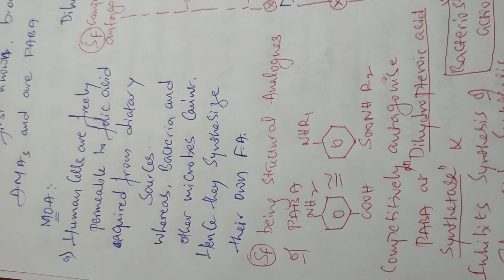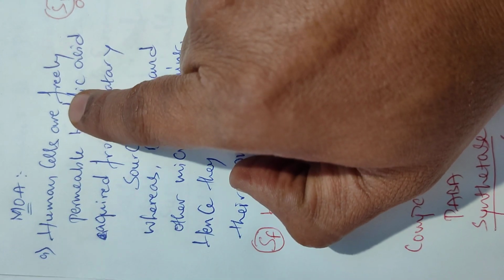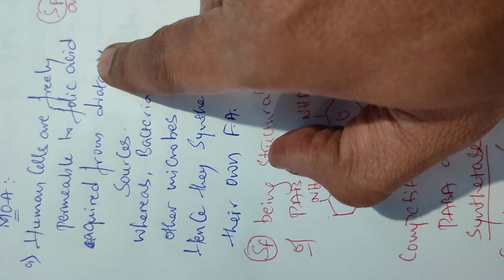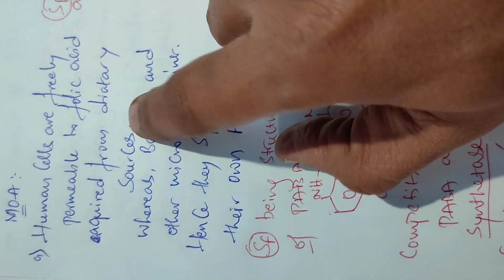Now let us see their mechanism of action, the most important part in chemotherapy. Human cells are freely permeable to folic acid, so they acquire it from dietary sources.